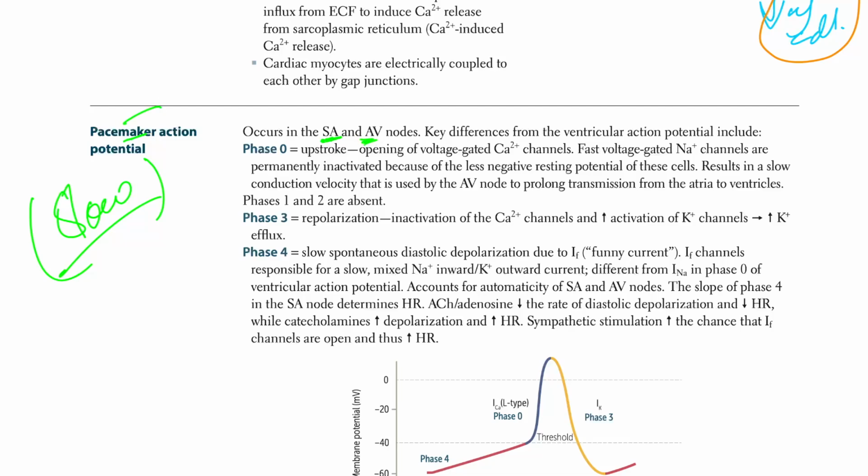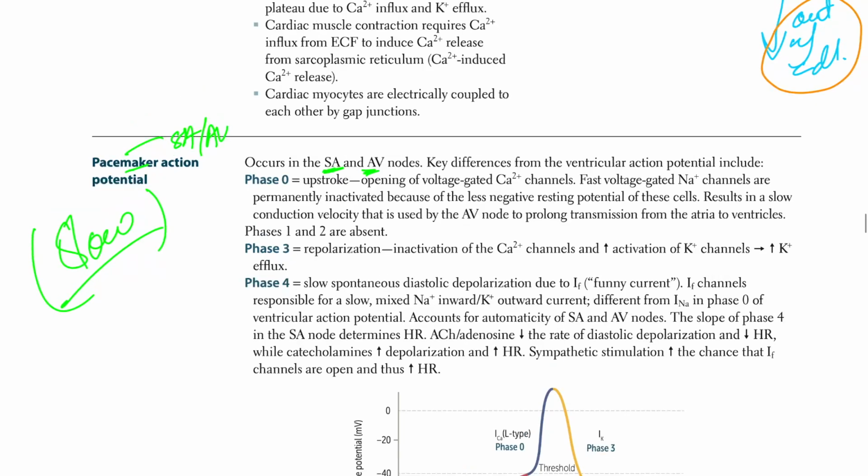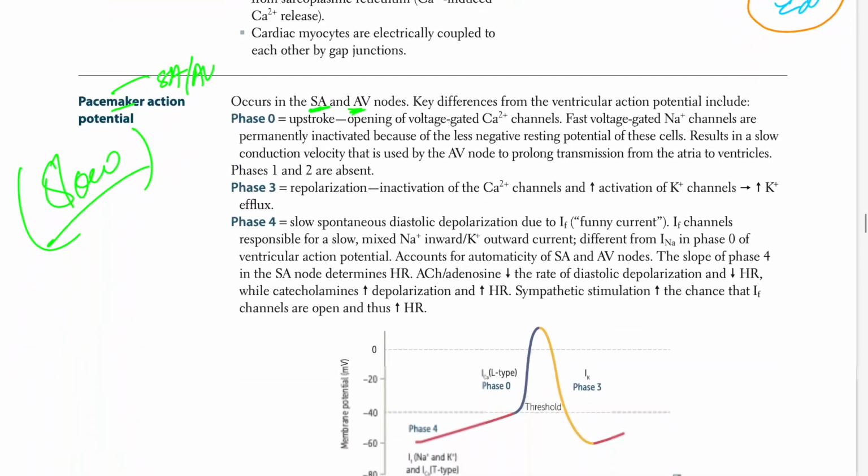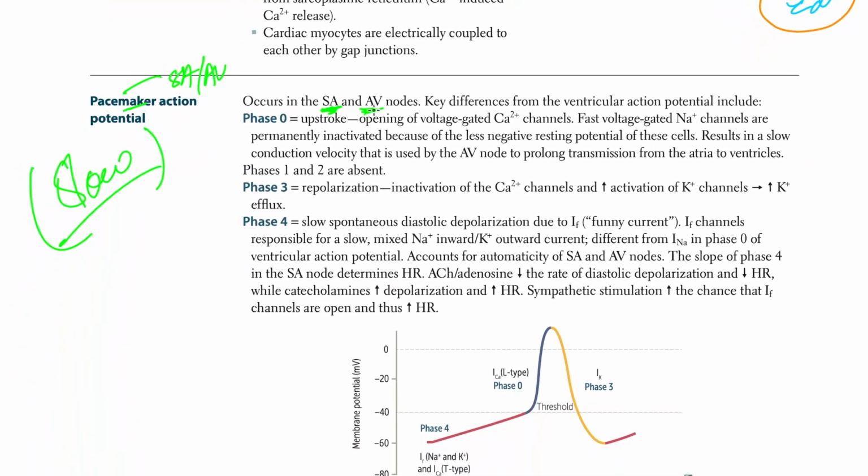So specifically, the pacemaker action potentials are coming from the SA and AV nodes. The bundle of His and Purkinje fibers are all about the top one right here. The myocardial action potential is in the Purkinje fibers, the bundle of His, the myocardium itself, the atria, ventricle, everything is the normal myocardial action potential. Pacemakers are specific to the SA and AV nodes.